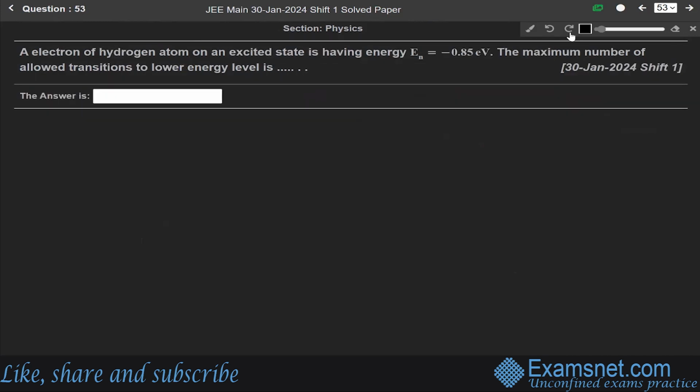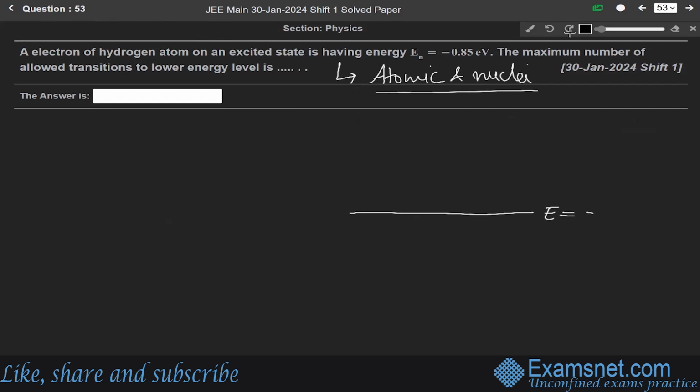According to this question, an electron of a hydrogen atom in an excited state is having energy minus 0.85 electron volt. The maximum number of allowed transitions to lower energy levels is? This question is from the chapter of atomic and nuclei physics. We have to find the number of allowed transitions. We know that the lowest energy state has energy minus 13.6 electron volt.